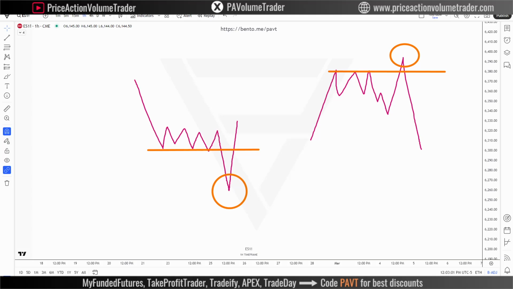There's going to be a whole stack of buy stops above, or sell stops below, because if they're long, they need a market sell in order to close their position as a stop. If they're short, they need a market buy.